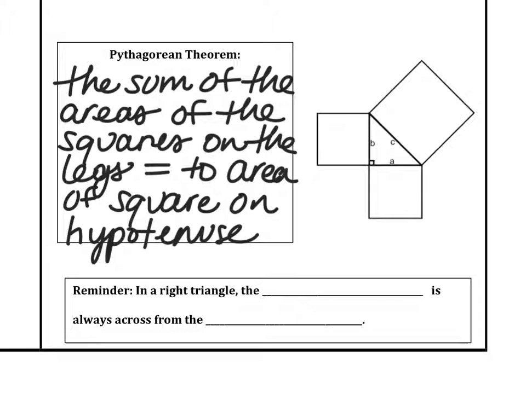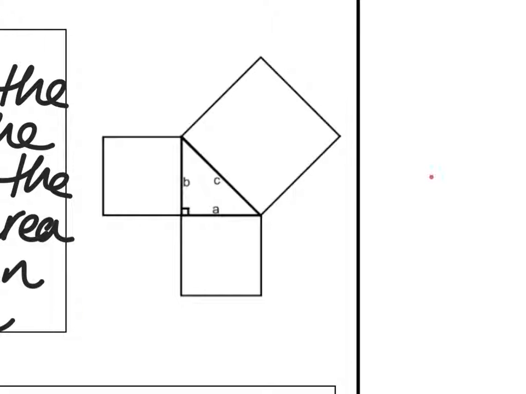If I have a square with a side length of 3, would someone please remind me, how do I go from that side length to the space on the inside, to the area? Brandy, you remember? Right, multiply by itself.